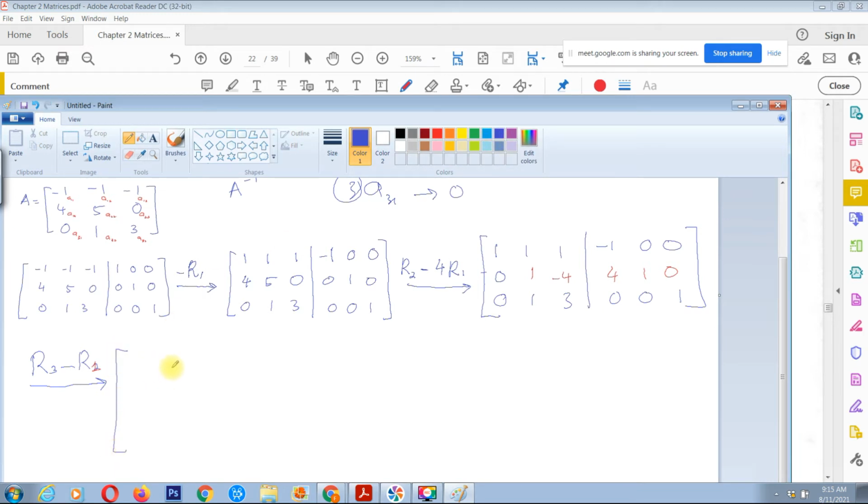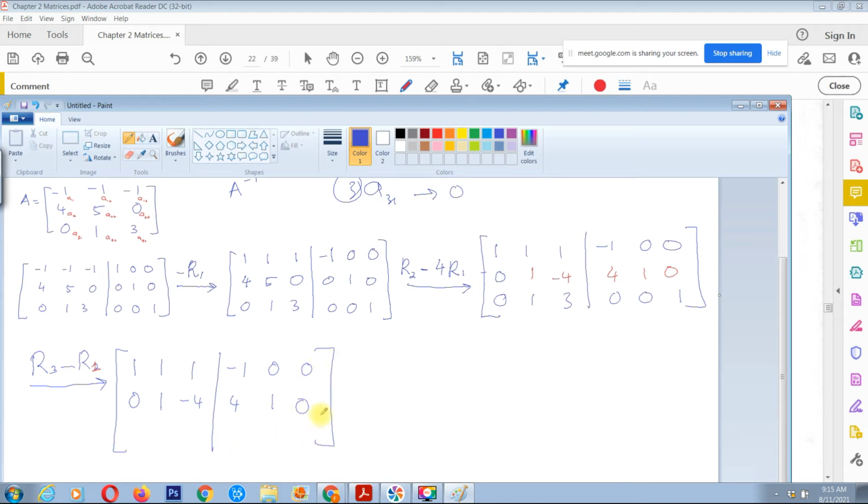We want to change the third row, so the rest of the elements we just copy first: 0, 1, -4, then -1, 4, 0, 0, 1, 0.